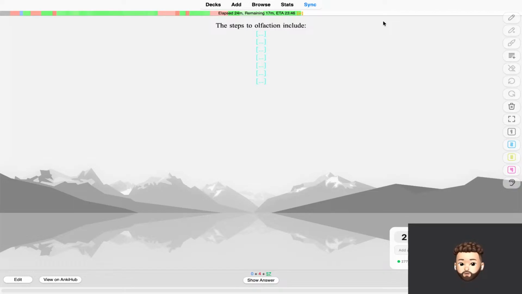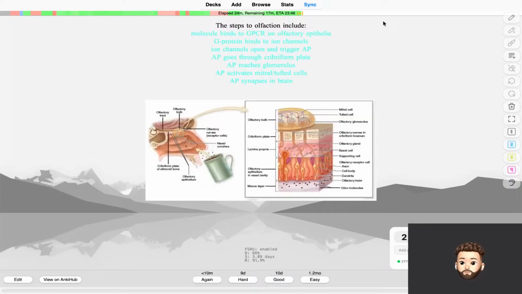The ion channels lead to an action potential that goes up to the olfactory glomerulus, then to the mitral cell, and that action potential is going to synapse in the brain. I didn't say it was going to go through the cribriform plate, but I knew that. It needs to go through the cribriform plate.